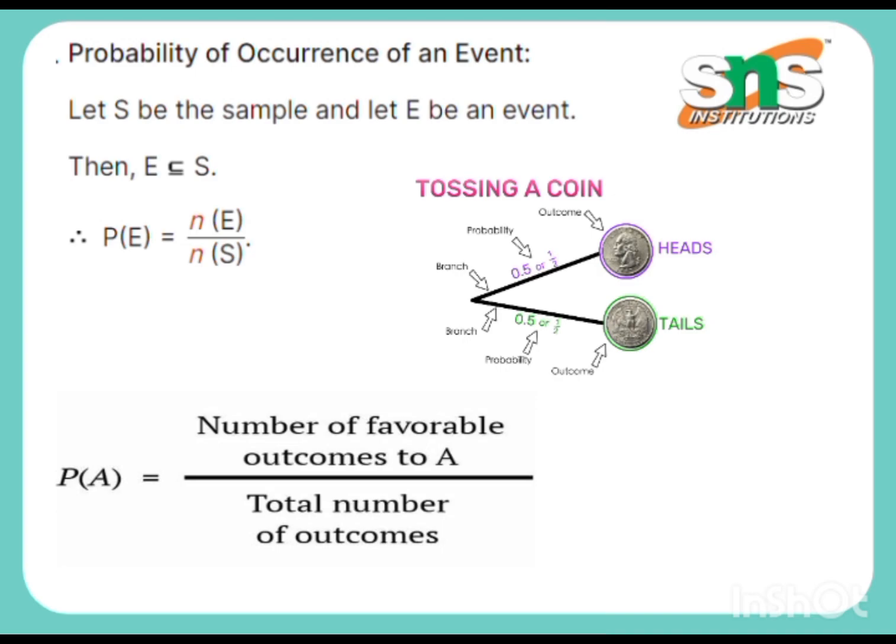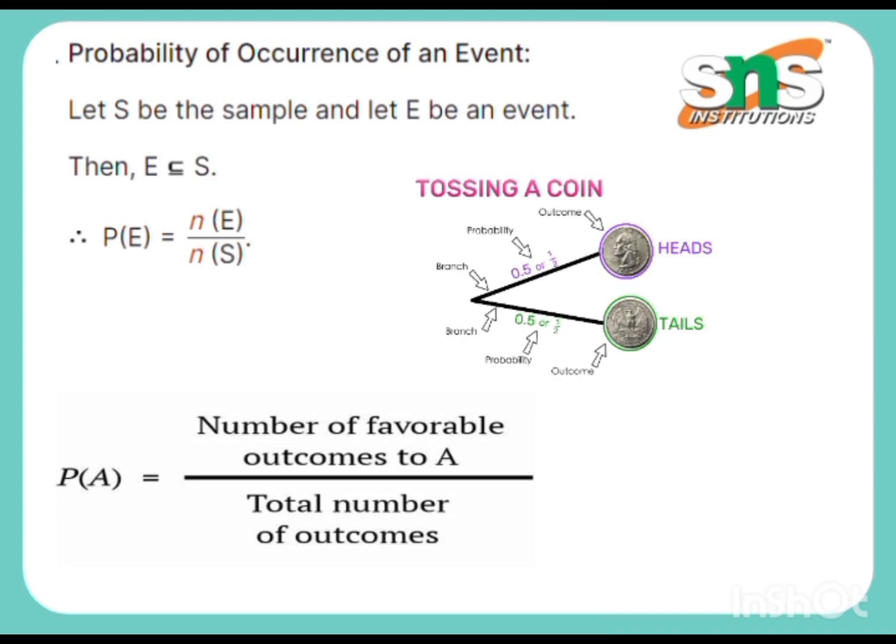So that is nothing but n(E) by n(S). Probability of an event will be n(E) by n(S). So probability of A will be equal to the number of favorable outcomes to A by the total number of outcomes. For example, you toss a coin. The probability of getting a head: the favorable outcome is n(E), and all the outcomes is n(S), that is head and tail.